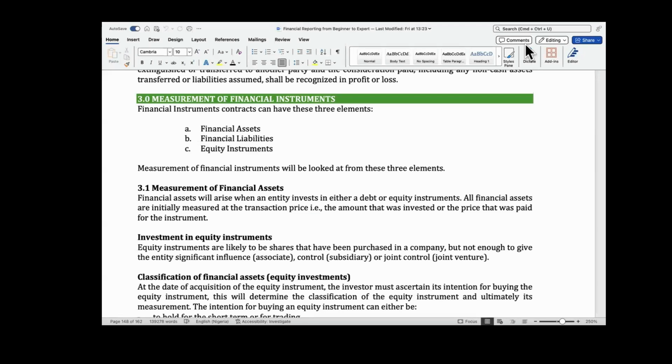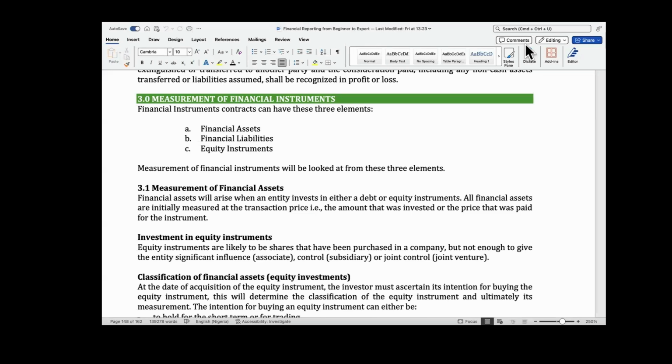It's so interesting that in one of the assignments I gave you, the issuer issued a bond. A bond ordinarily is a debt. However, we're told that the interest on the bond is not compulsory for the issuer to pay. It's optional. They said it will be paid at his own discretion. And the question was, is that a financial liability or equity?